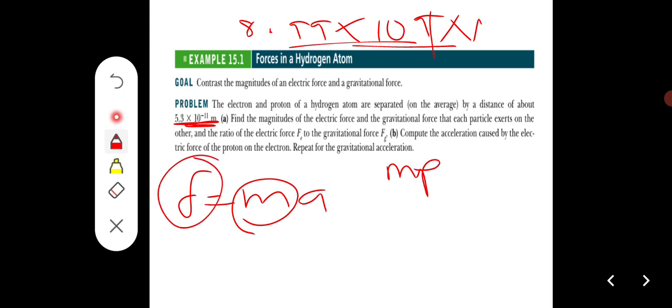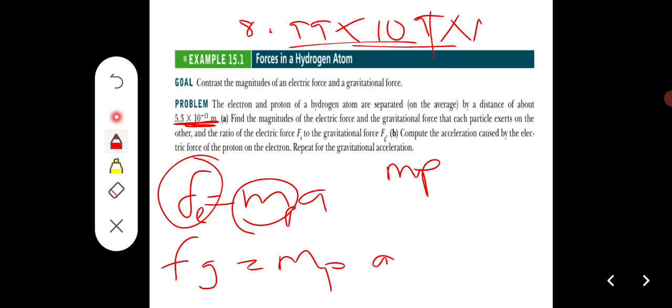and the force will keep on changing. The electric force, we solved it in part A, and in part B we solved for the gravitational force. So then you can put in the electric force and mass of the proton, also the gravitational force and mass of the proton, and then acceleration.